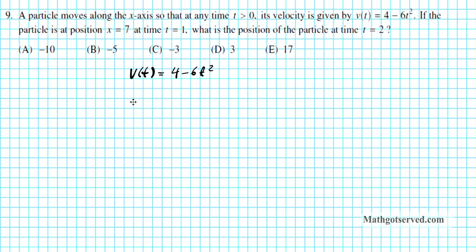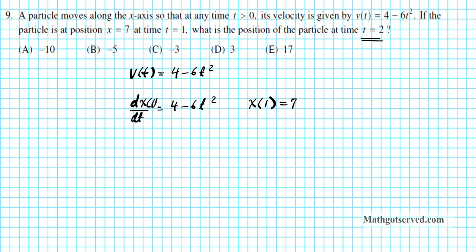So this equation is the same thing as saying dx/dt is equal to 4 minus 6t squared, where x of 1 is equal to 7. So this is what we're going to solve. When we solve this differential equation, we can use the result to evaluate the position at t equals 2.